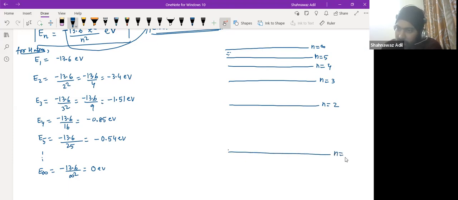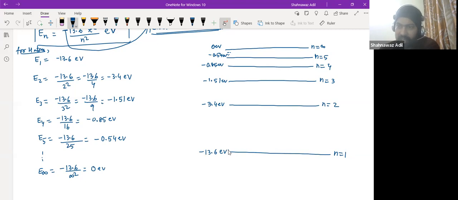So this energy is 0 electron volt. This is minus 0.54 electron volt. This is minus 0.85 electron volt. This is minus 1.51 electron volt. This is minus 3.4 electron volt. And this is the first orbit.